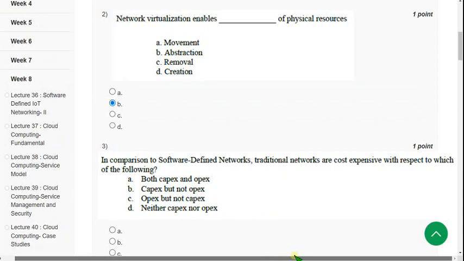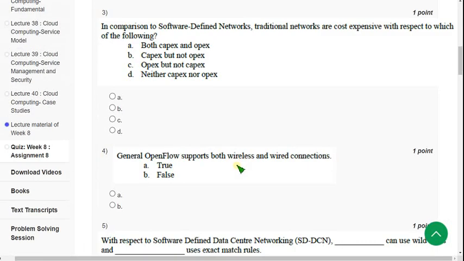Third question. In comparison to software defined networks SDN, traditional networks are cost expensive with respect to which of the following? Guys, here capex means capital expenditure. Capex means capital expenditure.